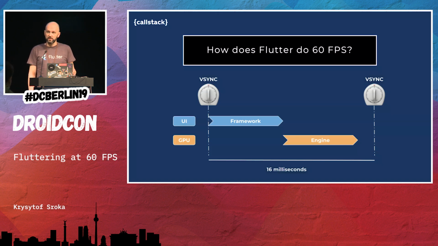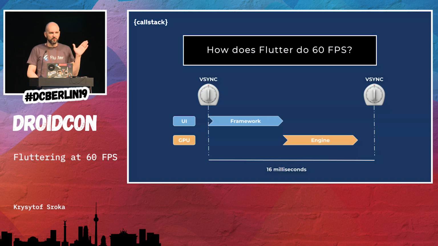And when it fires, the framework starts working. So all the building of widgets starts over there. And once that's done, once the Dart code finishes execution, it ends up with a series of instructions to the engine, and the engine follows immediately after that.